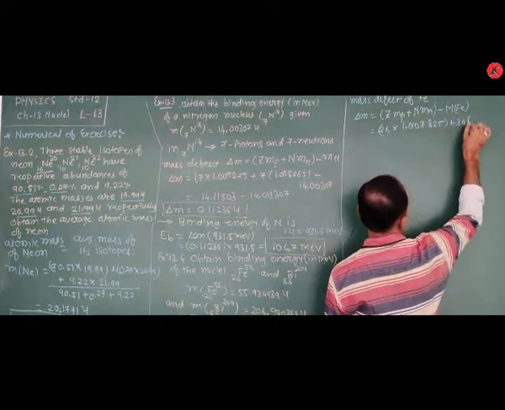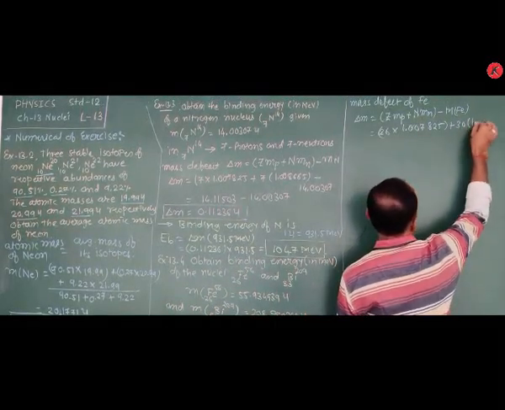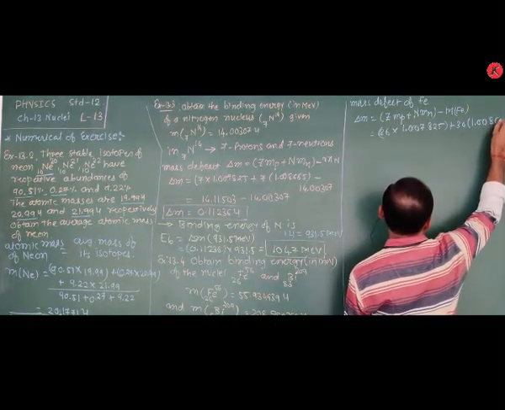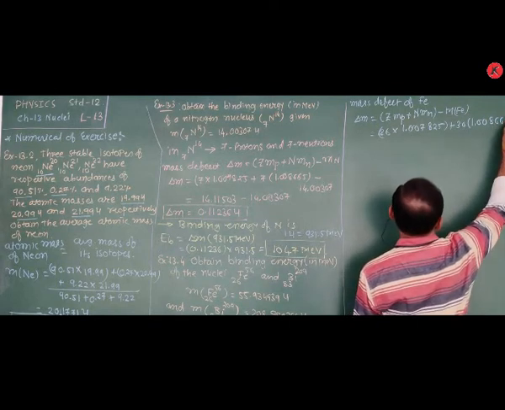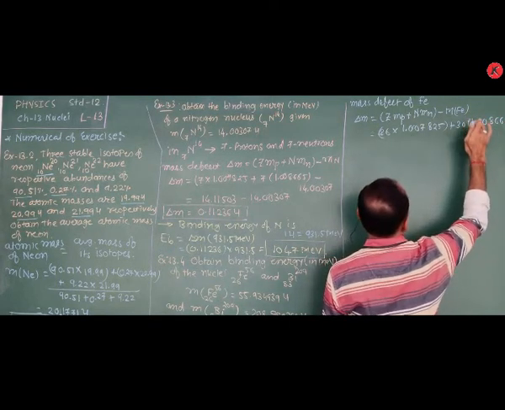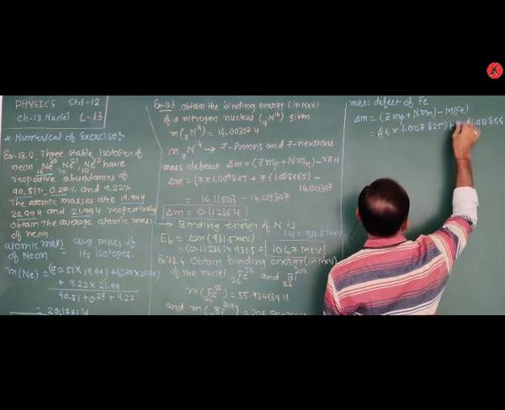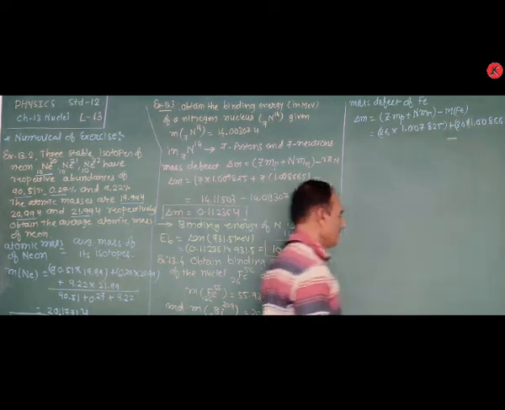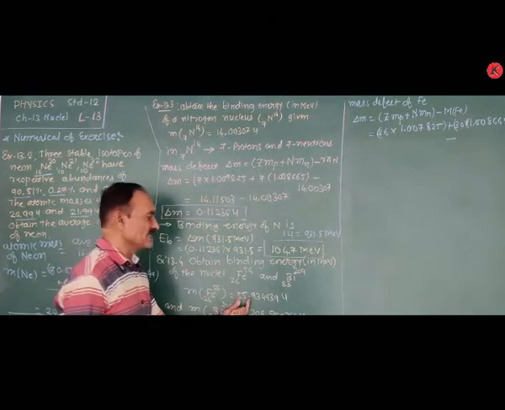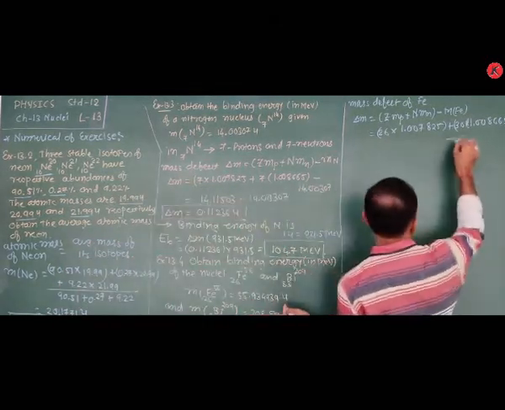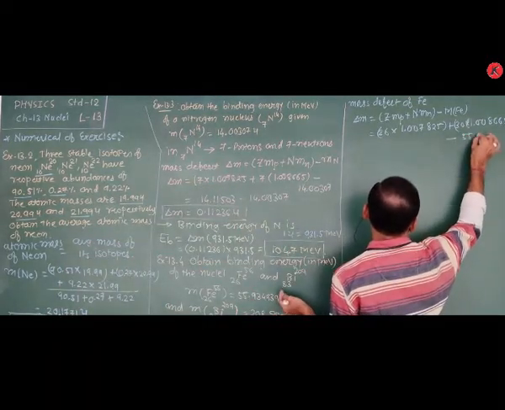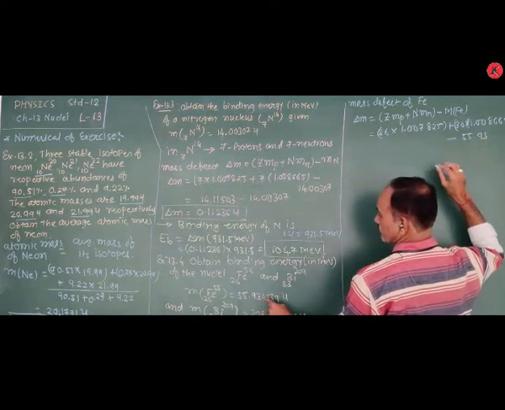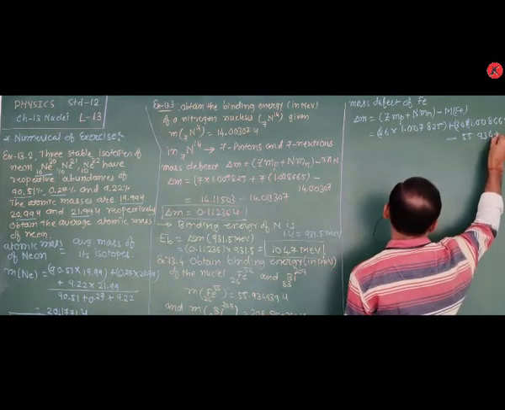Mass of the single neutron is 1.008665. Minus mass of the Fe nuclei. Fe nuclei has the mass 55.934939.